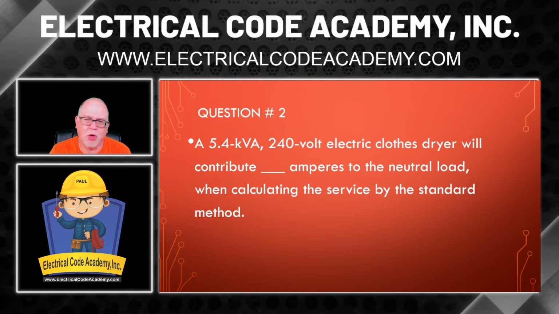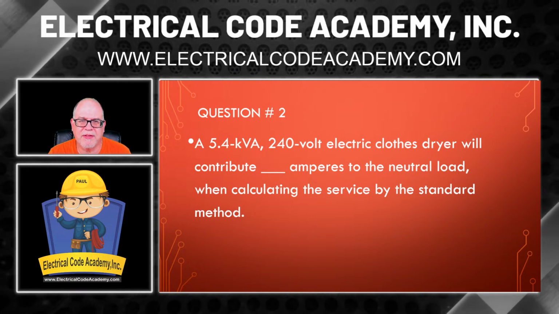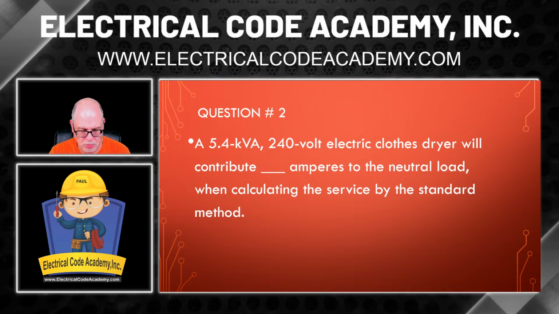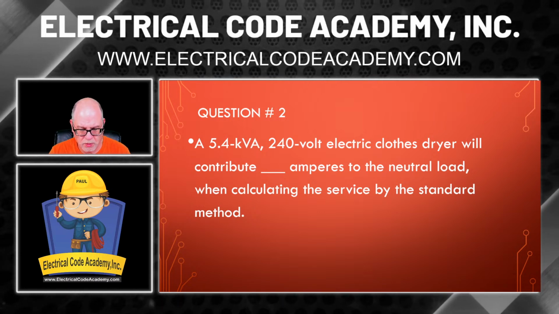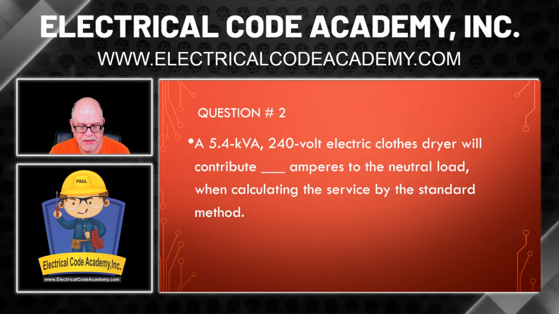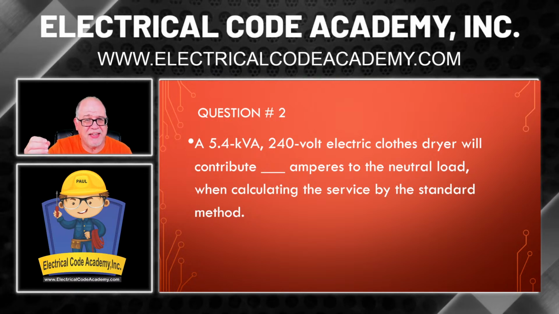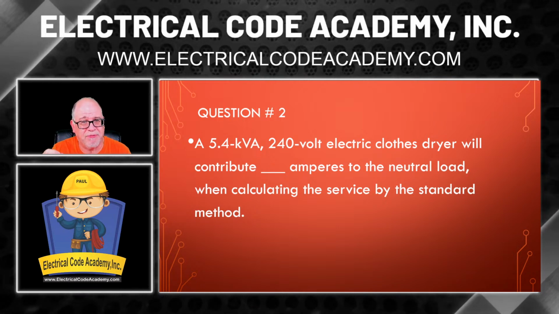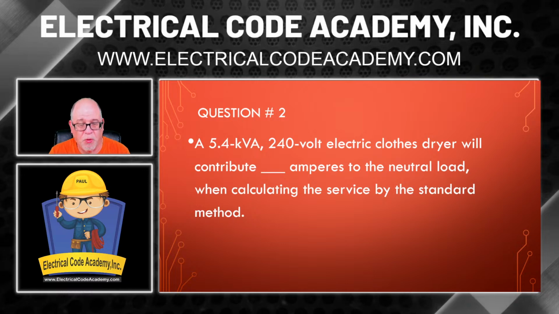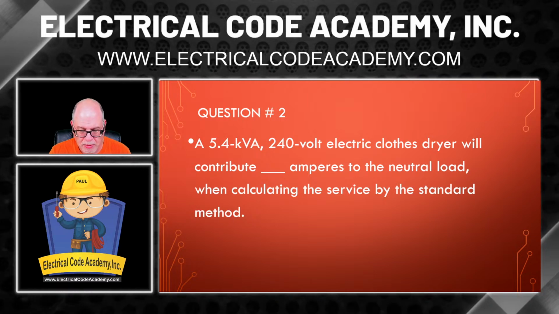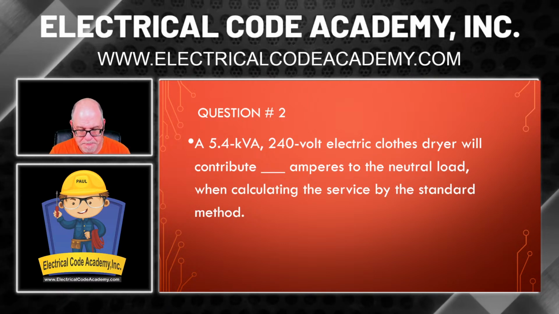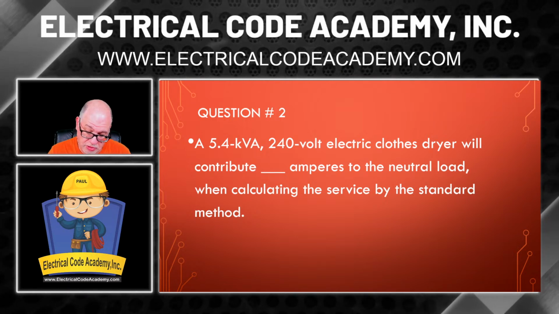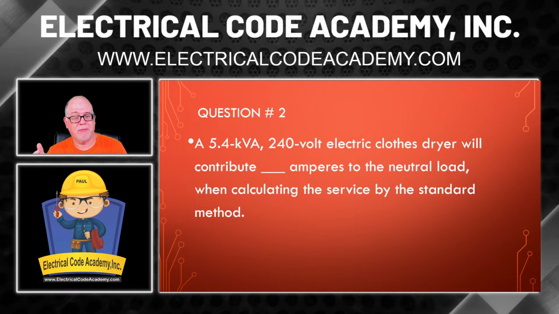All I'm going to do is use Ohm's law, and I'm going to take the 5.4 and divide that by 240. But you want to get this into VA, you want to get this into watts, or it's going to work out funky for you. So 5,400, and we're going to divide that by 240, and that's 22.5. Well, that's my amps.